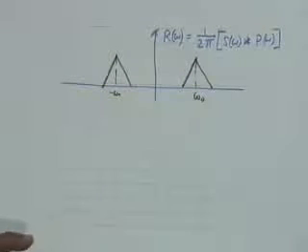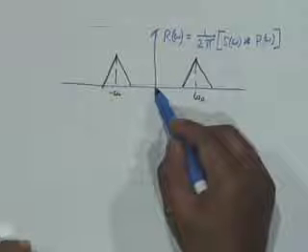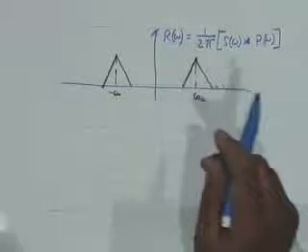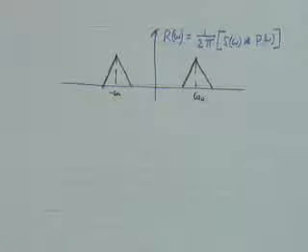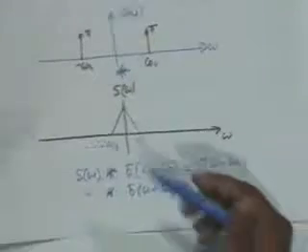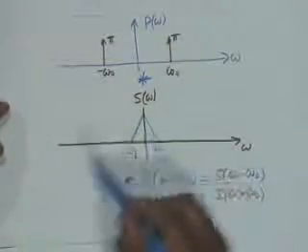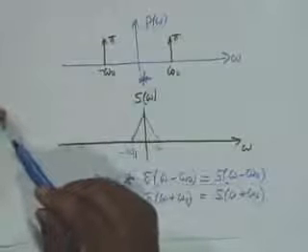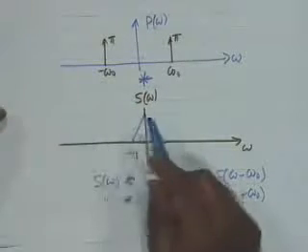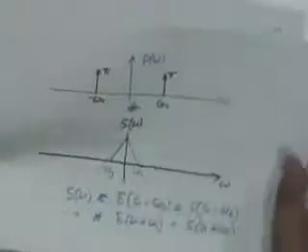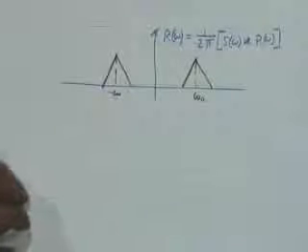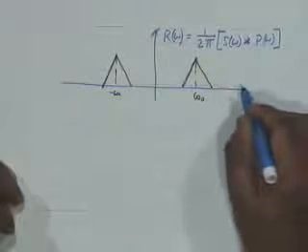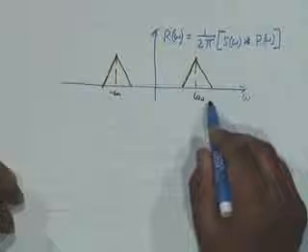In other words, the spectrum which was centered at origin, which was a low frequency spectrum as far as capital S of omega is concerned, a low frequency spectrum like the audio spectrum, for example, speech or music, has now been transferred to a higher frequency omega naught.